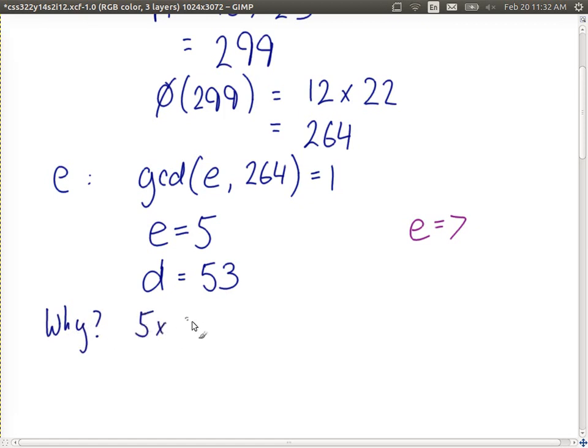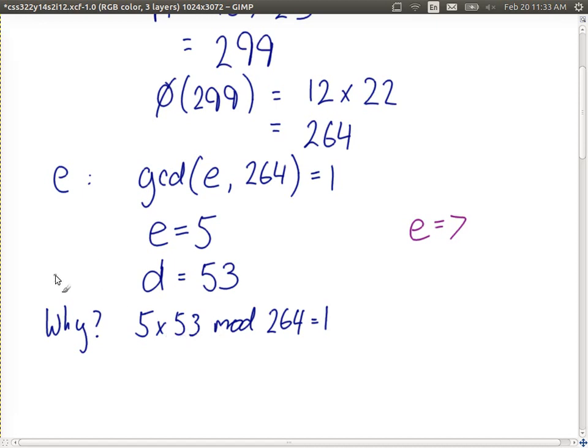Five times 53 mod totient of N, 264, equals 1. That was our condition. That we say E and D are the multiplicative inverse of each other in the totient of N. Remember multiplicative inverse? When we times two numbers together, we get 1 when we mod by the modulus. In this case, the multiplicative inverse in the totient of N. That is, times E and D together, we get 1.